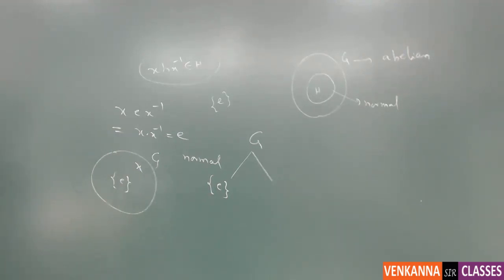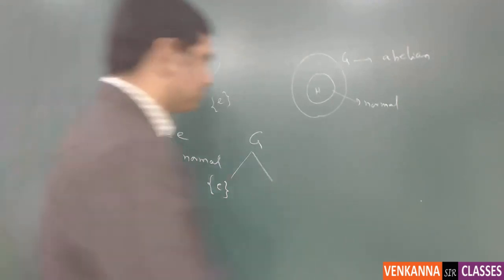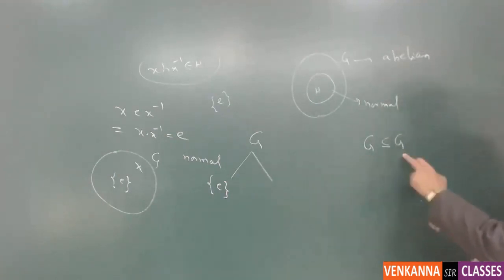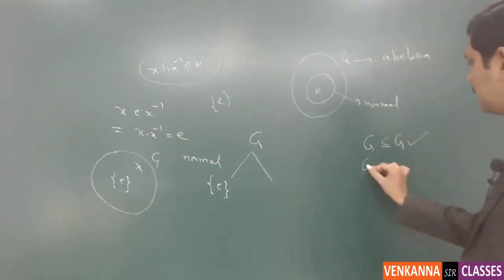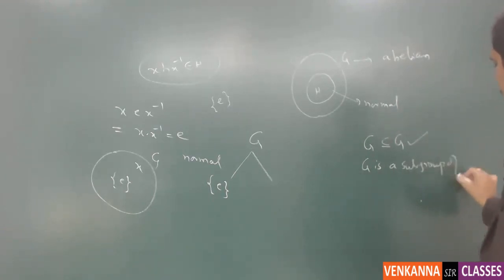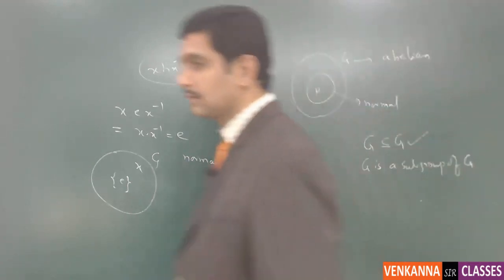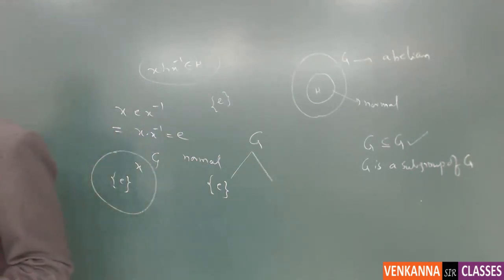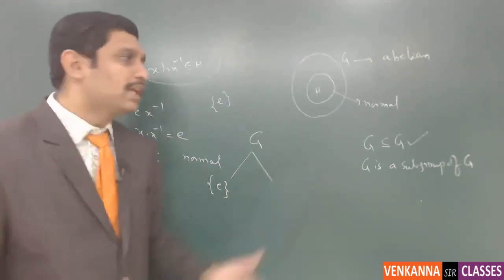That means how G becomes normal to G. Is that your question? How is G a normal subgroup of G itself? Take the group as it is. First of all, G is a subset of G, that we agree, and G is a subgroup of G, because G itself is a group. Now we check for normality.